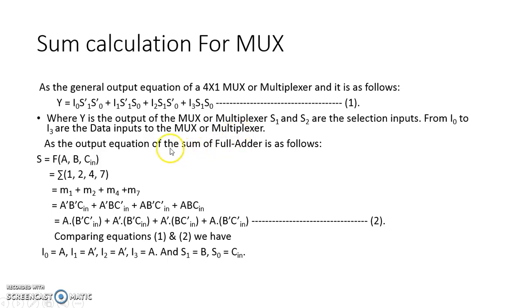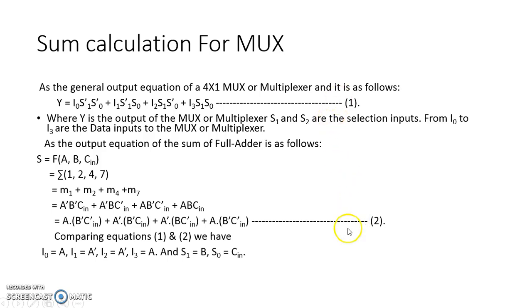As we know, the output equation of sum for the full adder is as follows. F is the minterm of row numbers 1, 2, 4 and 7, which can also be written as M1 plus M2 plus M4 plus M7. If we solve this equation according to Boolean algebra, this can be written as A dot (B' C in') plus A' dot (B' C in) plus A' dot (B C in') plus A dot (B C in), which is known as the second equation.